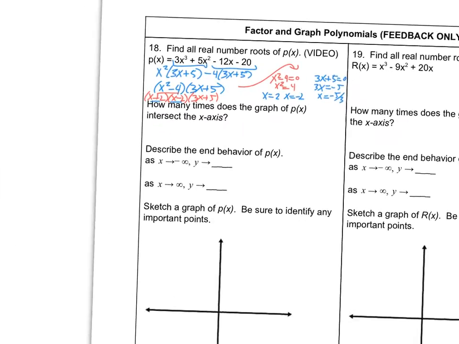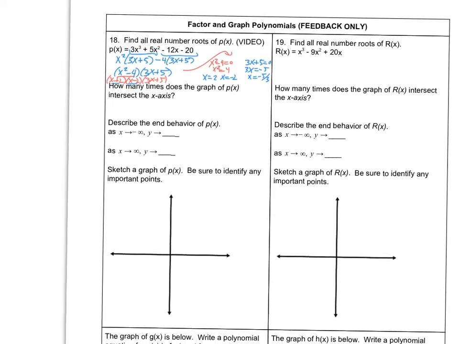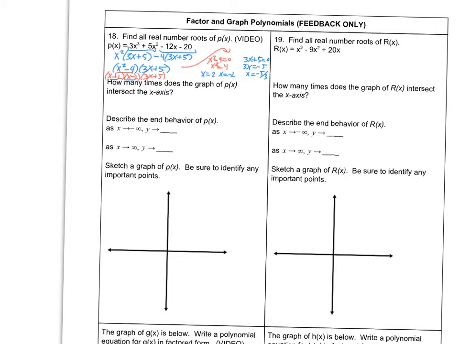I'm going to sketch the graph of this before I answer the questions, because I think that's a little bit easier. I also might get from this the y-intercept, which is going to be that last number. And here we've got negative 20.